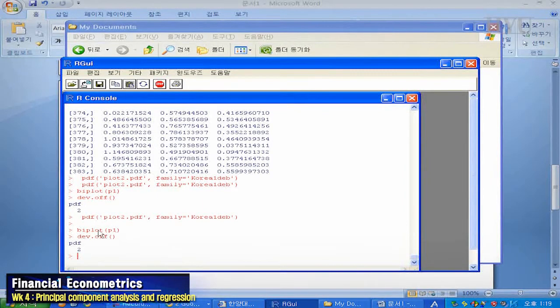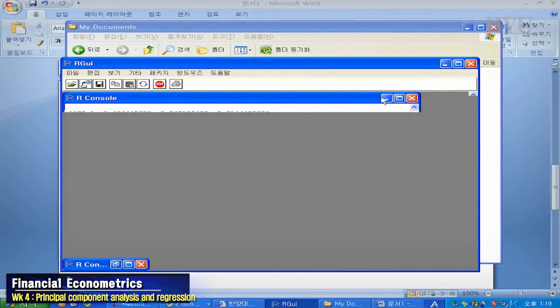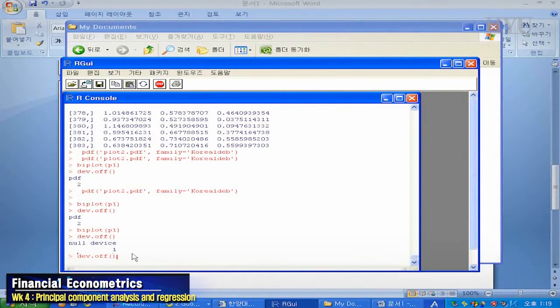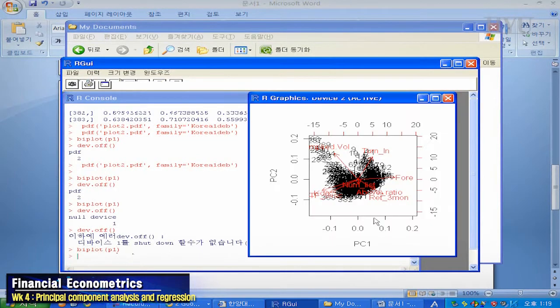So anyway, you will save this plot here, right? So therefore, what we can do is plot directly here. Okay, is this what you want? Yeah.